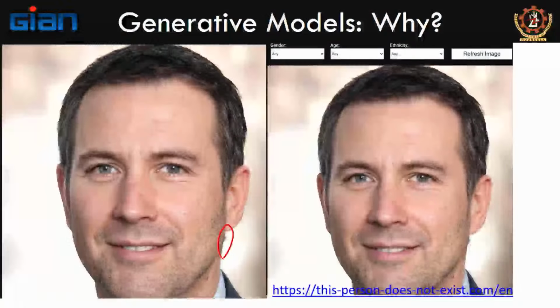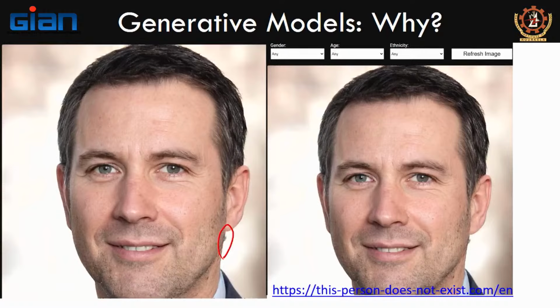So, that is why this is a generative AI model called StyleGAN, which is generating human faces, and the way it generates is amazing. You cannot distinguish between a real human face and a person who does not exist, whose face the AI has generated. You can choose gender, age, ethnicity, whatever, and then refresh the image and it will generate accordingly based on your input.